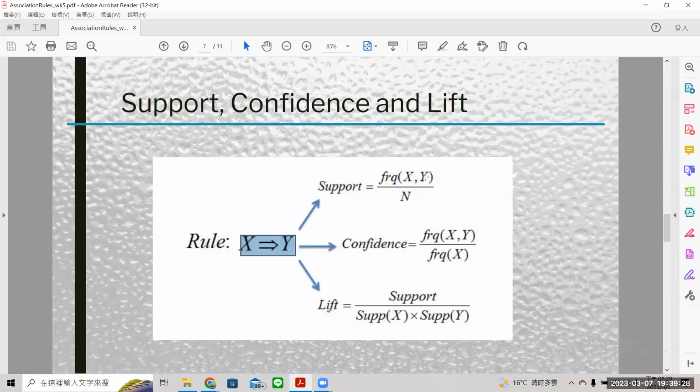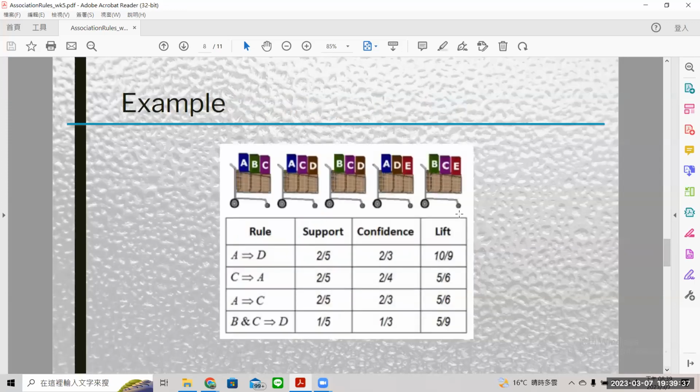A to D will be support. So how many cases support A to D? 1, right? 2, only 2, do you see? And how many samples do you have? You observed 5 samples. So 2 divided by 5. Simple.